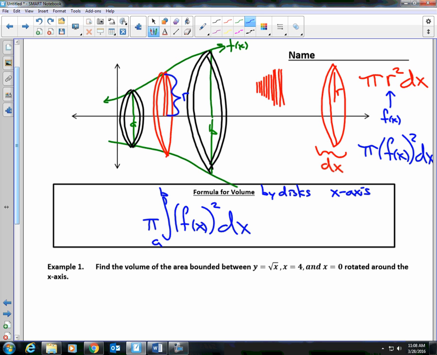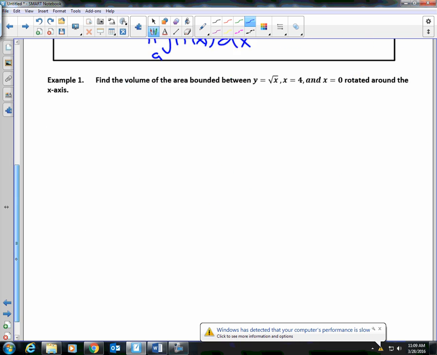You're going to get all sorts of thick pieces, and they're not all going to be the same size. But relatively speaking, they'll be similar in shape. They would all be kind of circular. We know how to find the area of circles. What's kind of cool is it doesn't matter what shape you have as long as you know how to find the area of it. If the cross-section were rectangles or pentagons or anything, we could do this as well. So let's try a basic example.